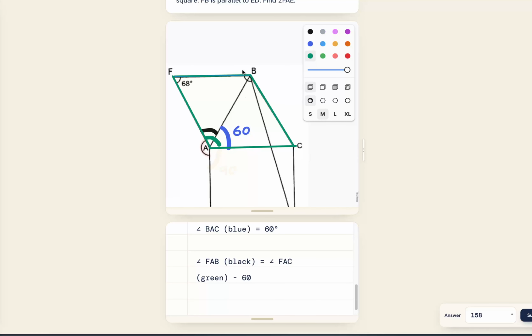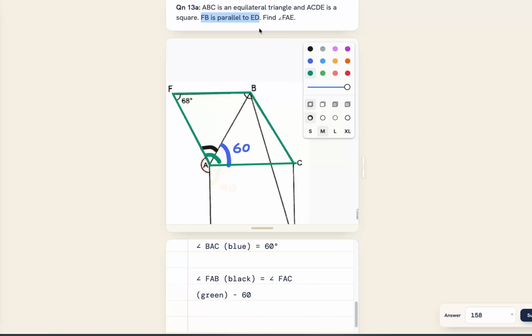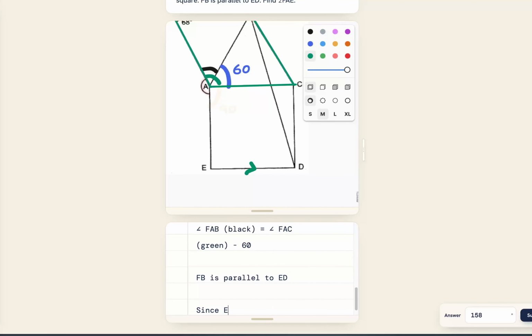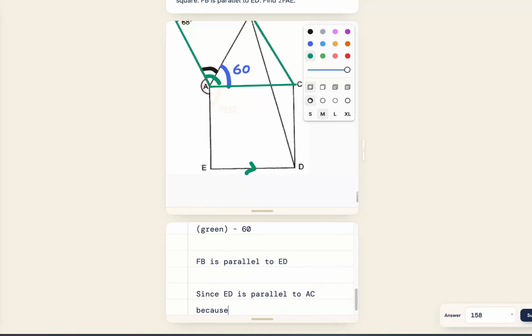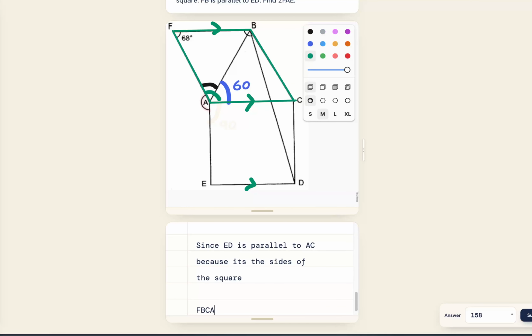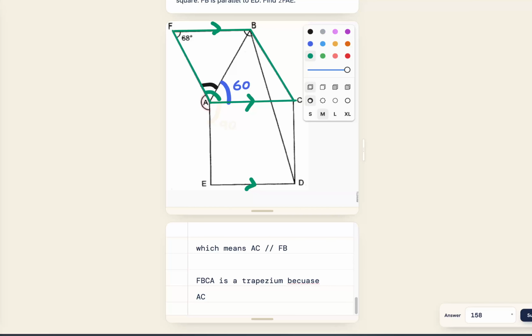So what is this shape FACB? You cannot guess, but we know from the statement FB is parallel to ED, since ED is parallel to AC because it's the sides of the square. That means FBCA is a trapezium, which means AC is parallel to FB.